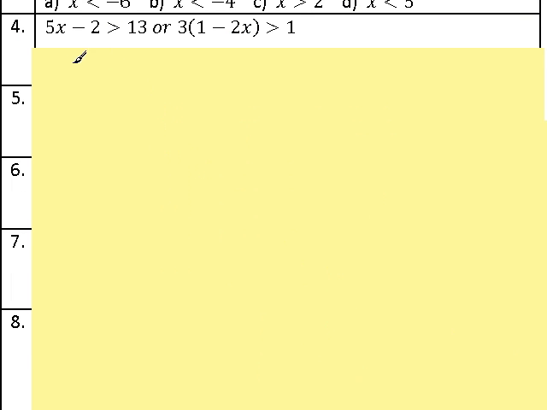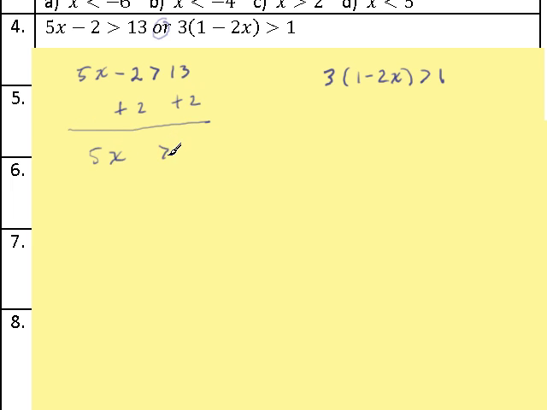In number 4, we have 5x minus 2 greater than 13, or 3 times 1 minus 2x greater than 1. So we're going to solve each separately. All right, so let's do that, and then we'll put them together with an or. So here we'll add 2 to both sides, start solving. 5x greater than 15, and we have x greater than 3.